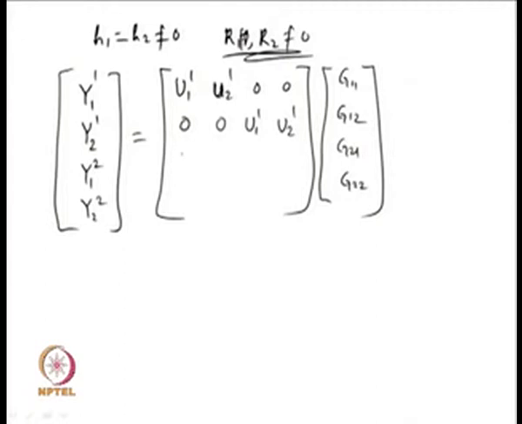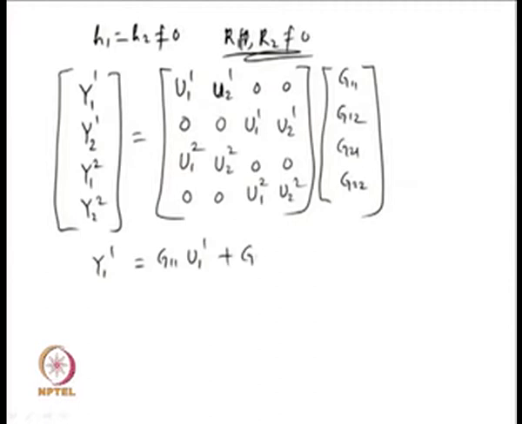Similarly, you will have U12, U22, 0, 0, 0, 0, U12, U22. Or if you expand this, let me write one simple expression. How do I get Y11? Y11 is nothing but G11 U11 plus G12 U21.